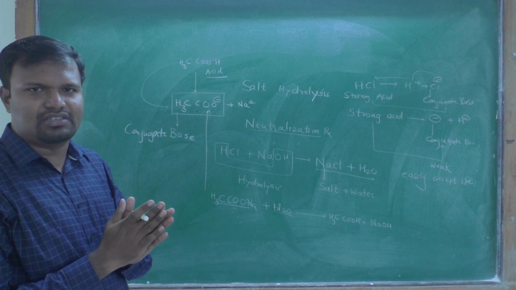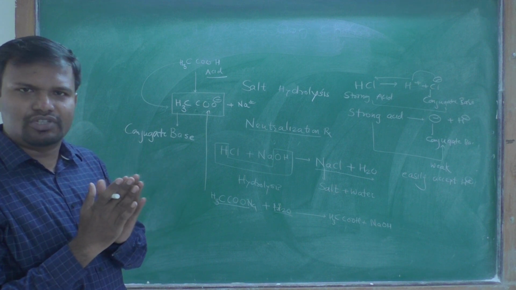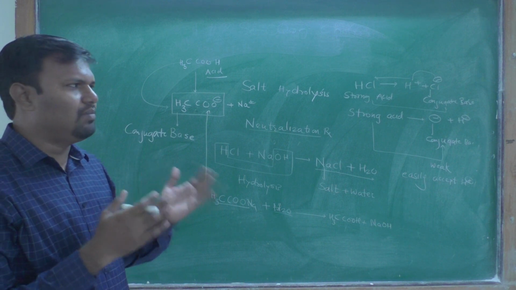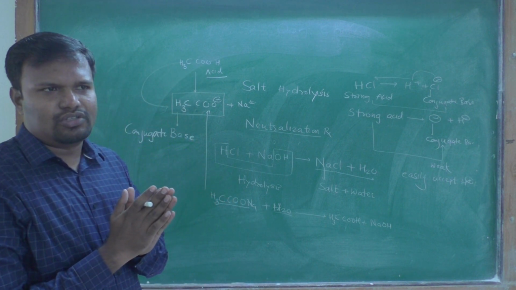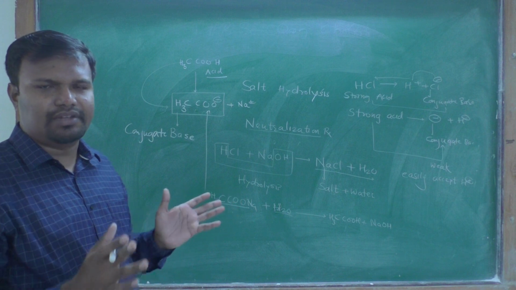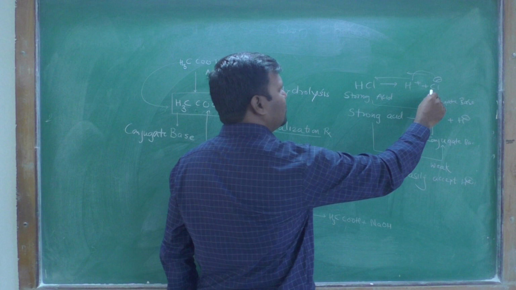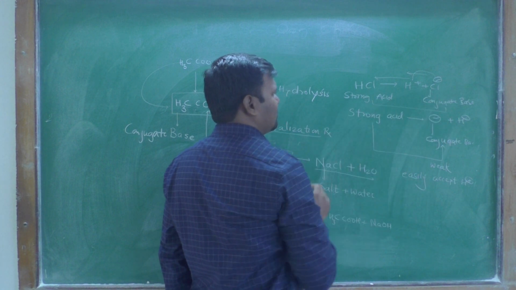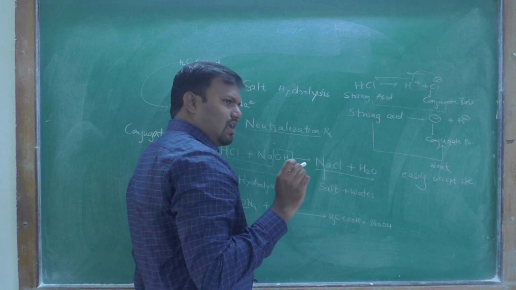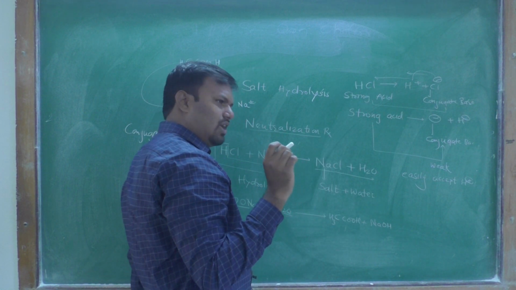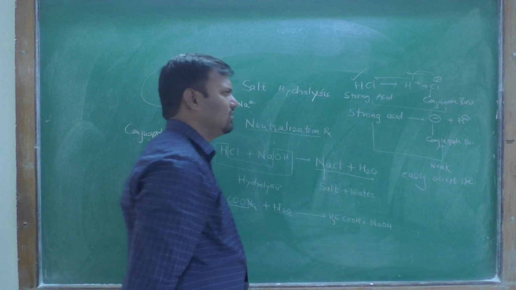A strong base has the tendency to take H plus ions very easily, and a weak base has no tendency or very little tendency to recombine. Okay, in this case recombination to HCl is difficult, because the conjugate base obtained from a strong acid is a weak base.